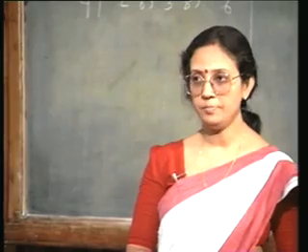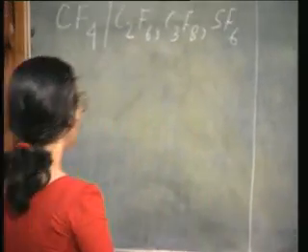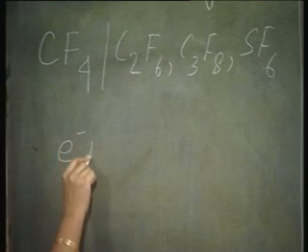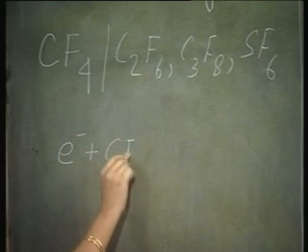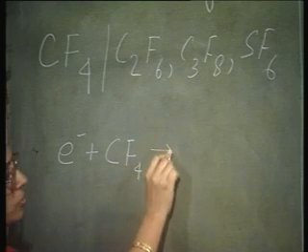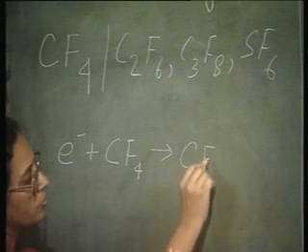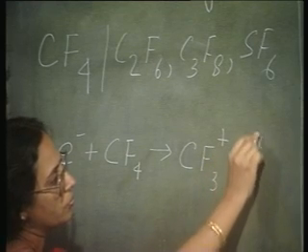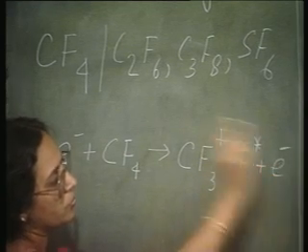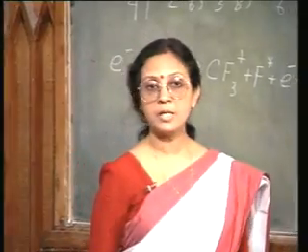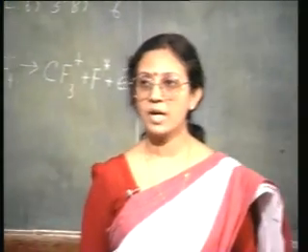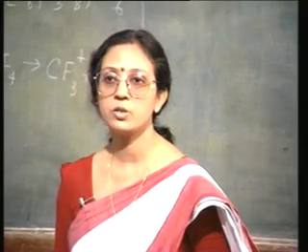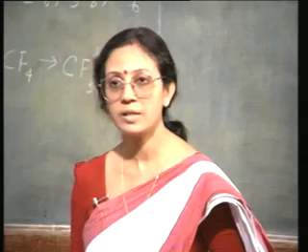Inside the plasma, we have this reaction. The high energy electrons cause the CF4 to break. Remember, inside the plasma we have very high energy electrons. The electron temperature can go as high as 10,000 Kelvin.